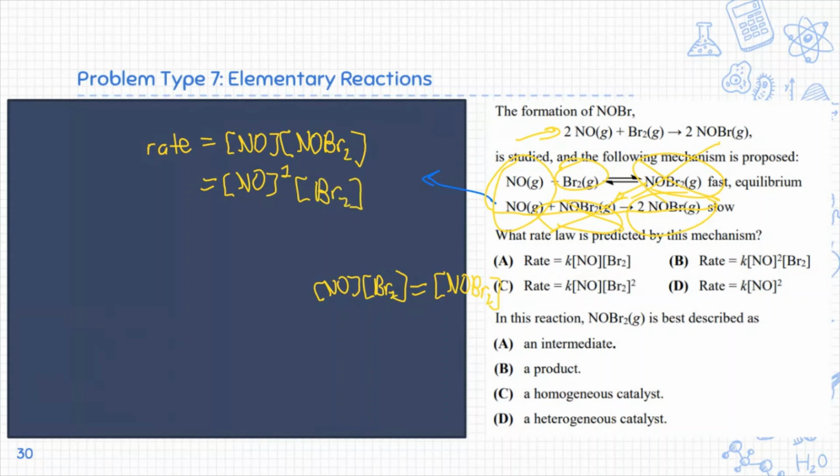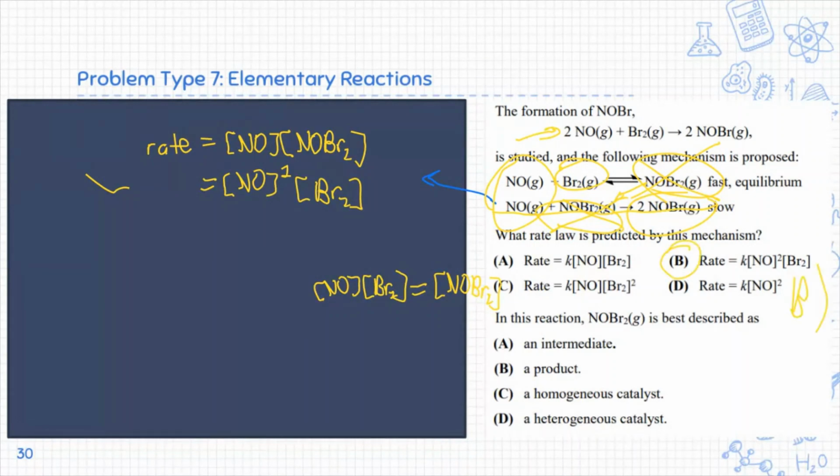Now, why can we justify this? Because it's in equilibrium, and equilibrium means the forward reaction rate and the reverse reaction rate are the same. And it's the fast step, so it doesn't really determine the rate of the reaction. So yeah, does that make sense? So we can say that the reaction rate, the correct answer would be B, right?